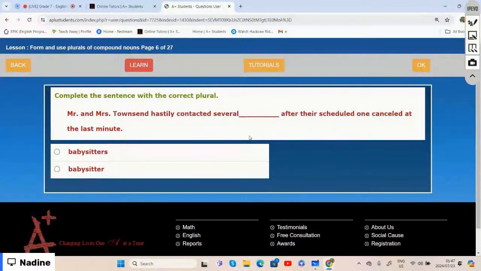And if we were to choose the correct option, then we will say babysitters because we are referring to more than one babysitter.